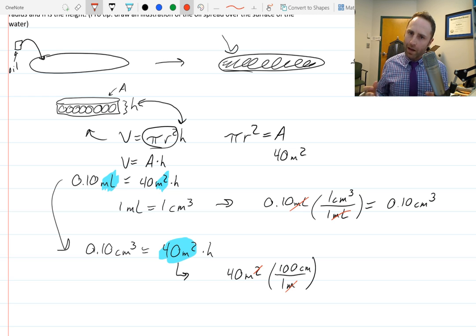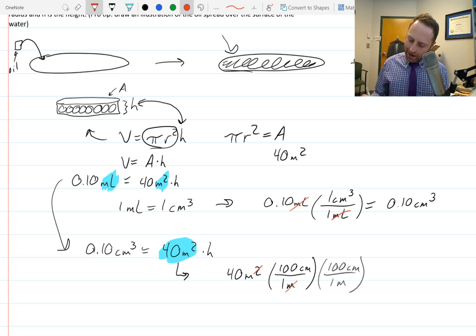I can't cancel out both of the meters on that meters squared, because it literally is telling me I have meters times meters. But I can cancel out one of the meters. So if I stopped right now, I would be left with units of meters times centimeters in my problem. Okay, I want it to be centimeters squared. So how can I get rid of that other meter? Well, I can say it's 1 meter times 100 centimeters again.